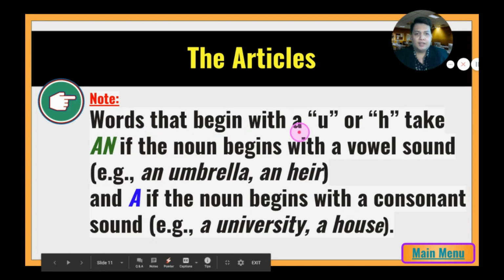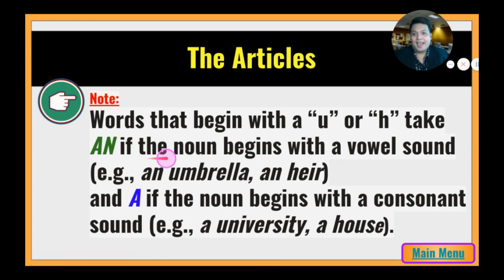Now, words that begin with A, U, or H take an if the noun begins with a vowel sound. For example, umbrella and hour. Even though this is an H and it's a consonant, the sound is a vowel, so it takes an, not a.